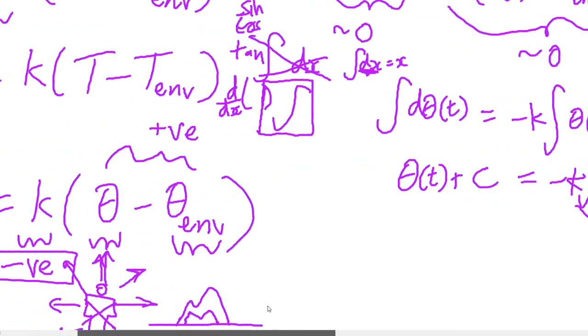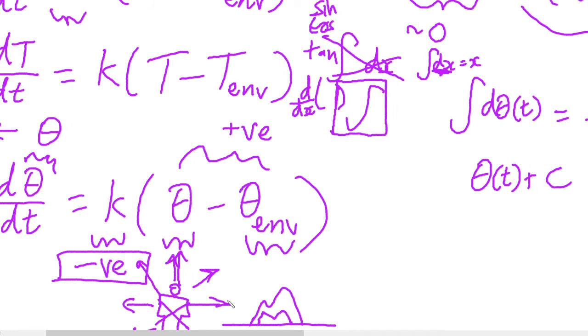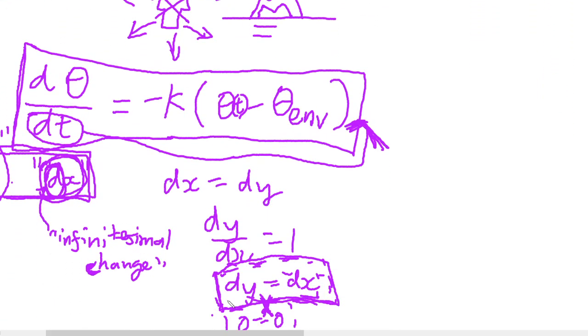How might we go about that? Well, as I mentioned earlier, we are dealing with d theta and dt. So one way that we could deal with this equation is, instead of just leaving it in the form d theta is equal to this times dt, we could actually manipulate this equation until we get some function of theta on one side and some function of time, or just a constant term, on the other side.